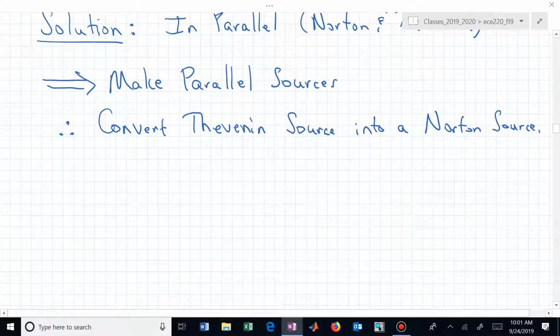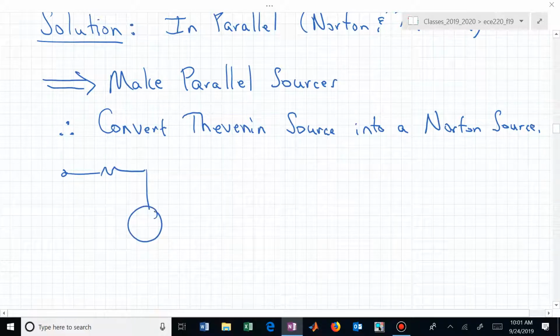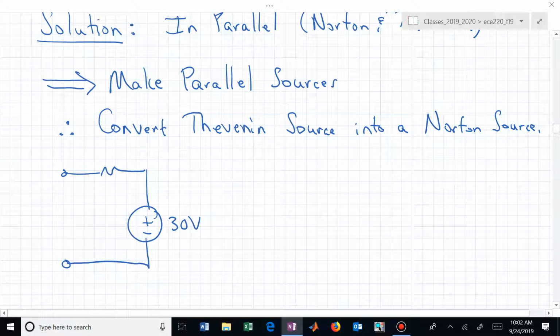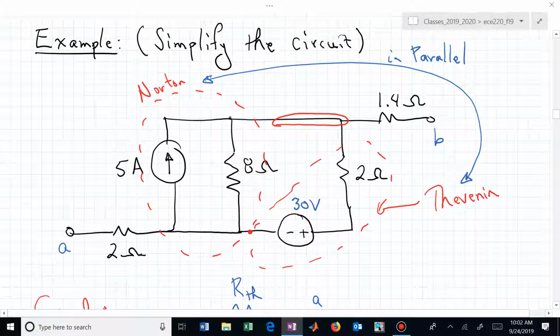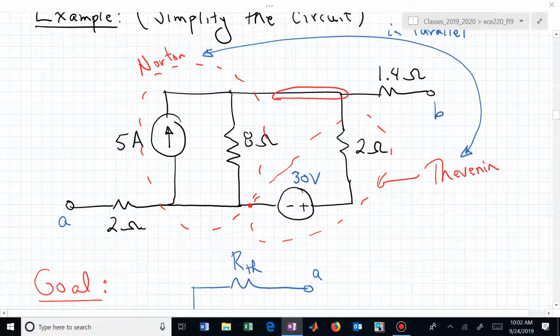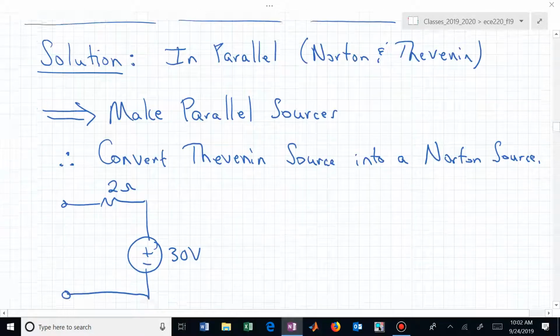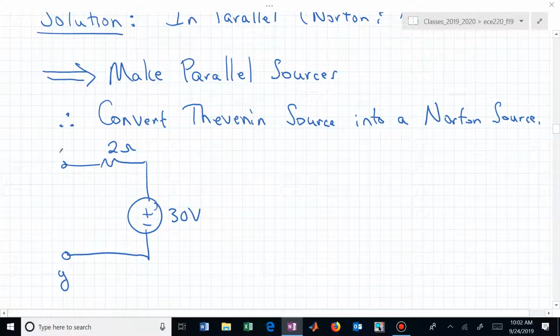It was looking something like this, wasn't it? Where this was now 30 volts and this was 2 ohms. Just so that we're all thinking the same, let's call that node X and this node Y. Now down here, this is Y and that's X.